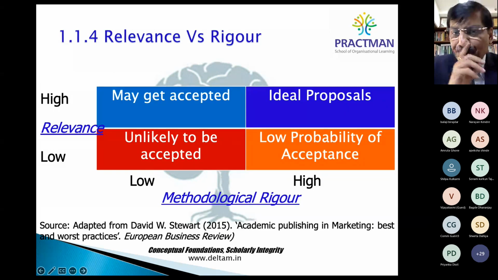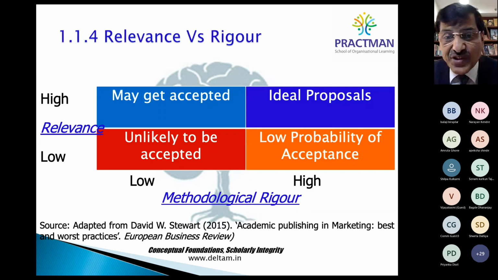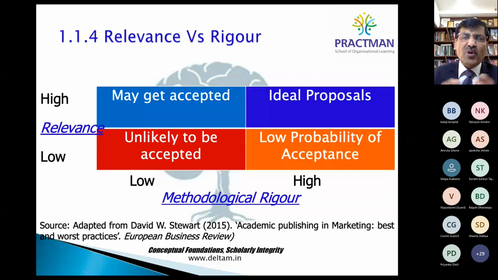Third level is where the methodological rigor is very high. Some very high sounding statistical methods like structural equation modeling and all that you are using, but you are using it on problems which are not of much relevance, or problems on which a lot of research has already happened.